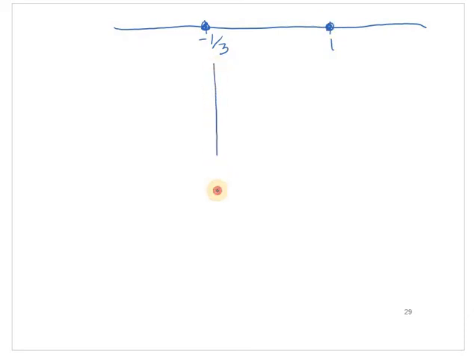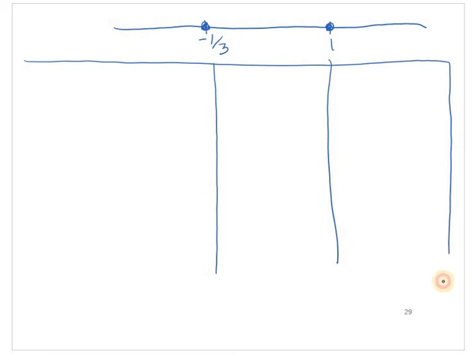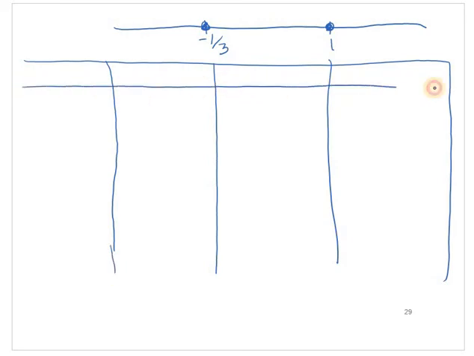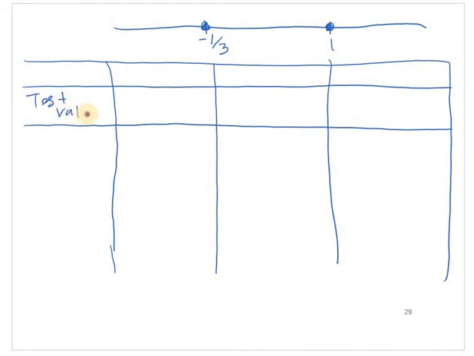Below each value, draw a vertical line and construct the table. On the left, add another column, draw the first row, and add another row to represent the test value.